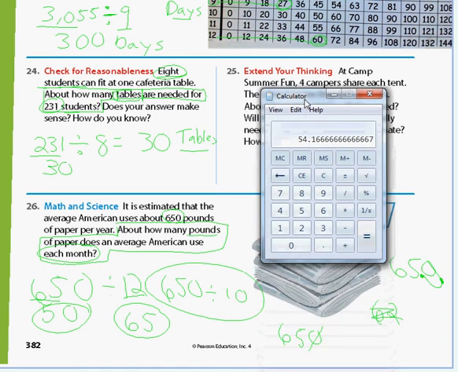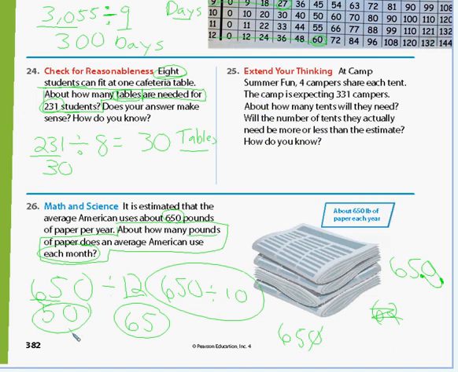We came up with 50 here and 65 here, and you can see the first method that we used got us a little bit closer. This is probably a little bit easier, though. We can come up with our answer quicker whenever we're multiplying and dividing by 10.